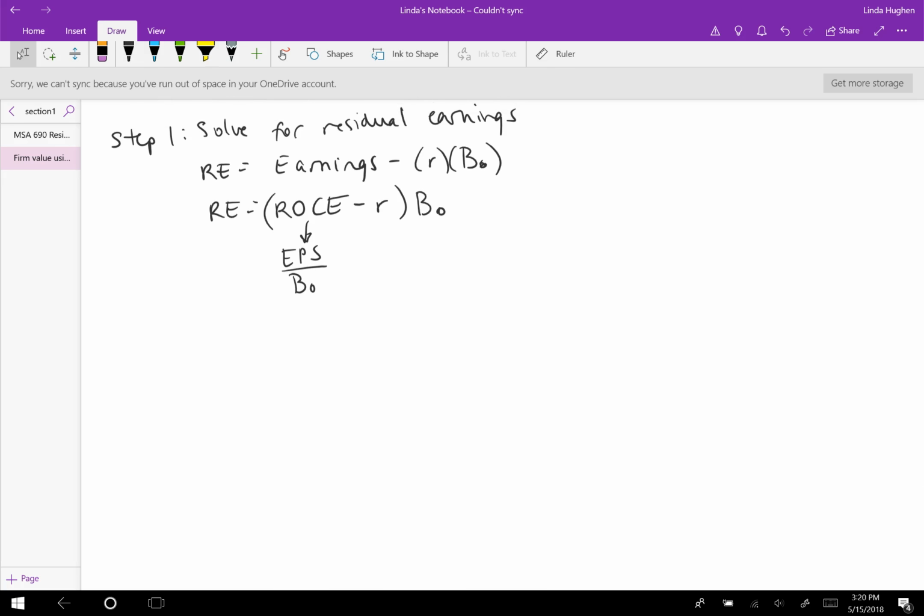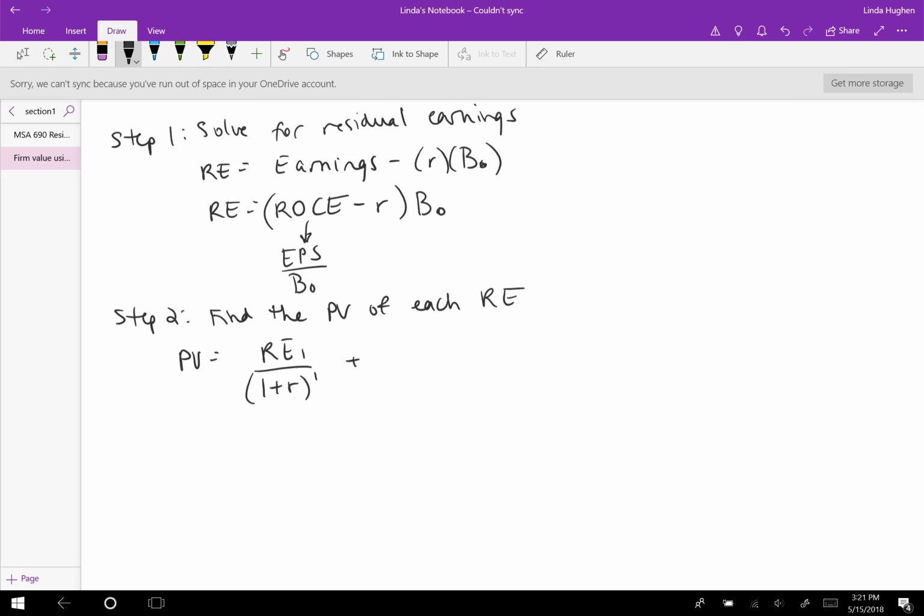Once we have our forecasted residual earnings, step 2 is to find the present value. And of course, to do that, we're going to discount each one of our future expected residual earnings.